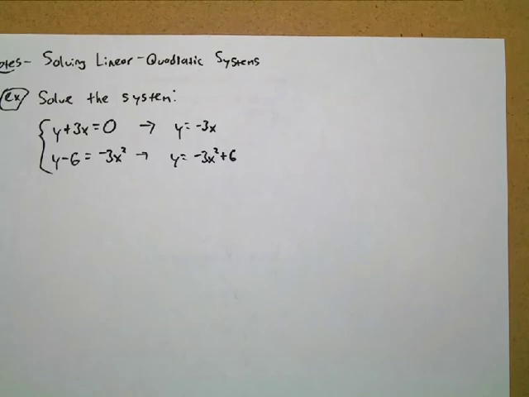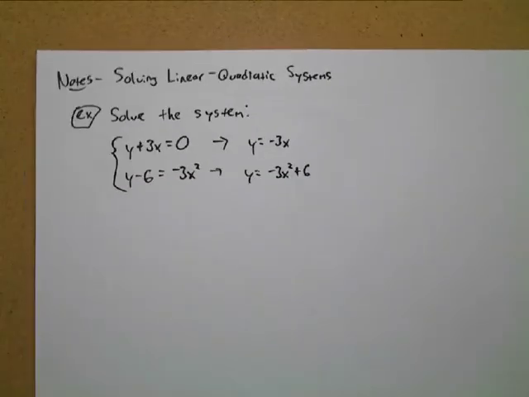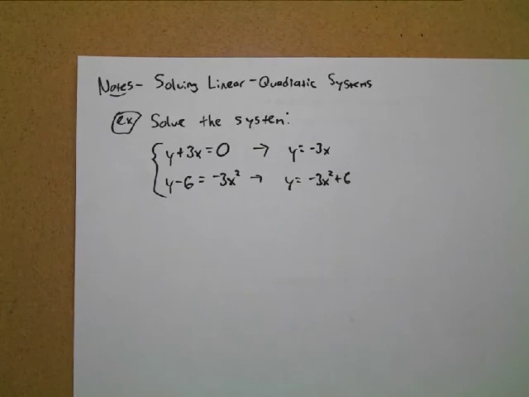But what if we want to do this without a graphing calculator? How can we solve it? Well, elimination is not really an option here. Well, I guess it kind of is. You can eliminate the y's here. But the best way to go, if you're not going to use graphing, is to use substitution.